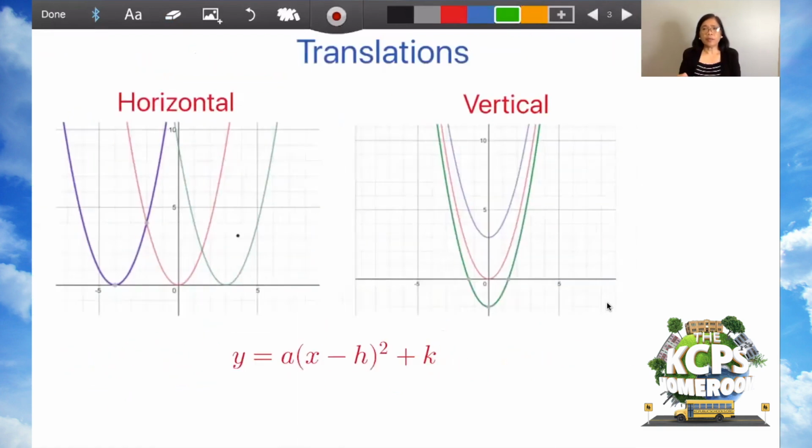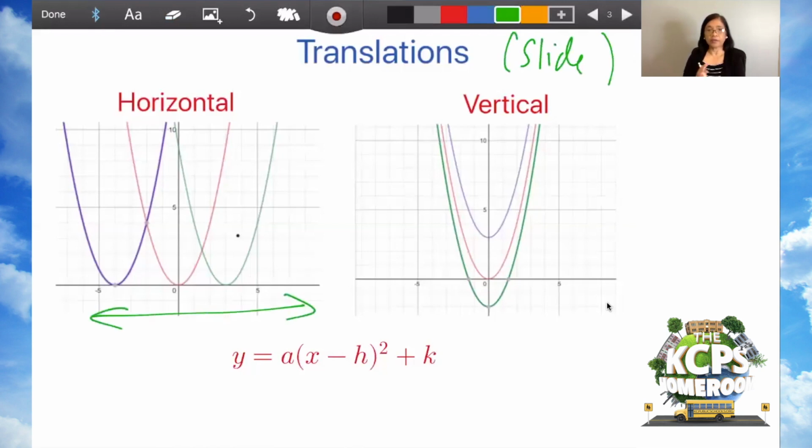So let's review some of the vocabulary words. When we talk about translations, we're talking about sliding an object. In this case, we have the graph here of a parabola. For horizontal translation, we're looking at the movement of the graph from left to right. You slide it along the x-axis.